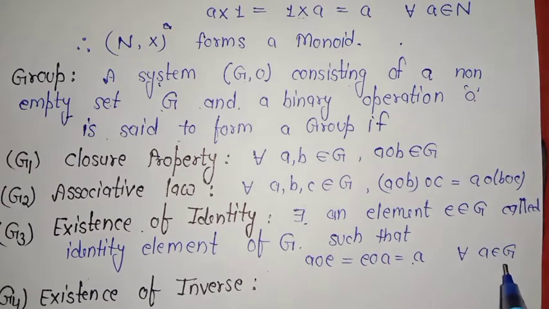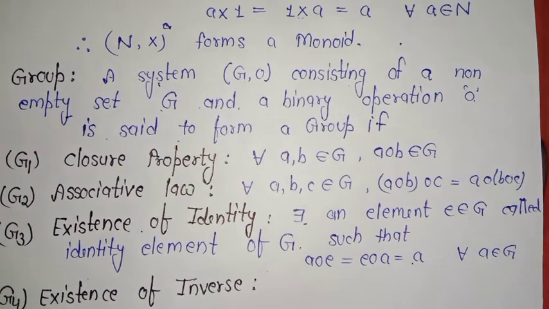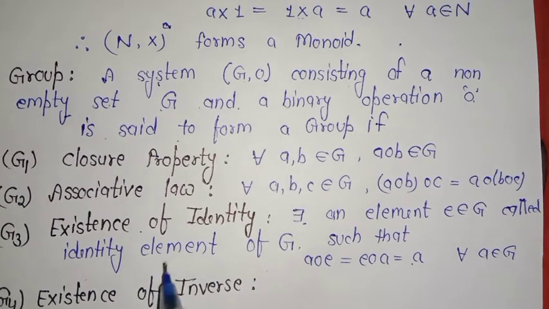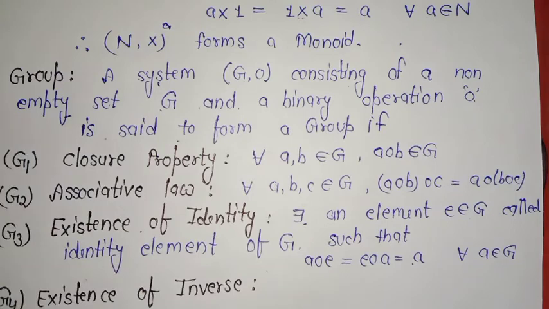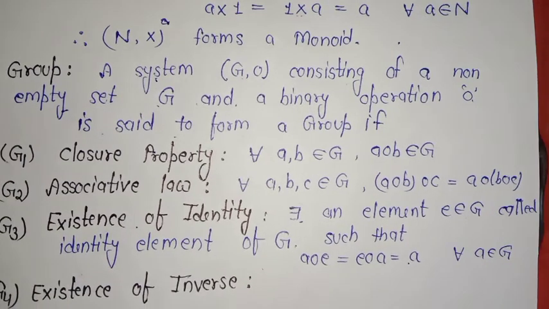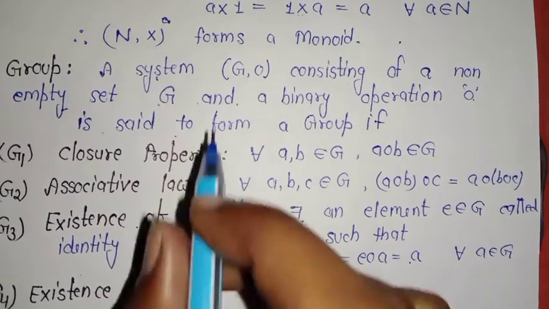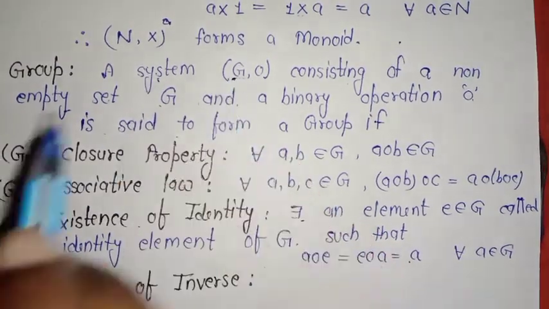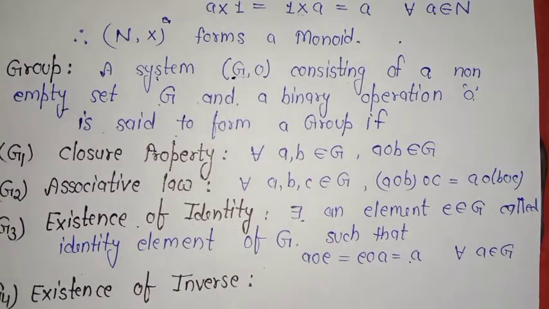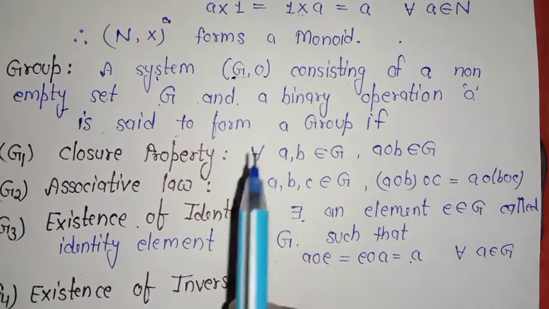And this is true for every element of the given set. Now we will discuss the last and the fourth property of this system, that is group, and that is existence of inverse. It says that for every element of this set, there exists an inverse. The inverses are also of two types.